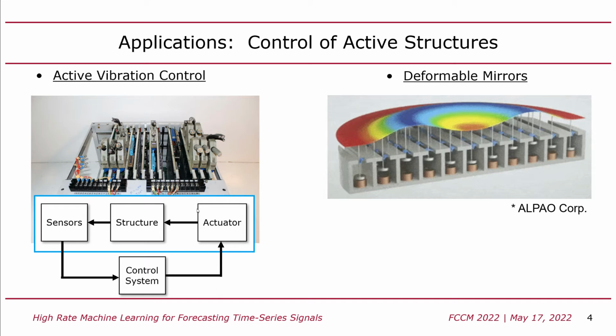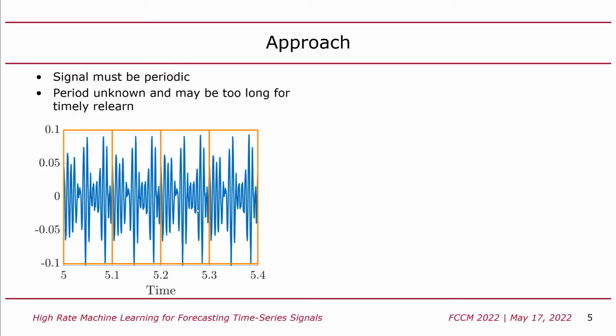In general, forecasting time series signals using only the past state of the signal is only possible when the signal is periodic. So one way to perform forecasting is to just record one period of the signal and play it back. But the problem with this approach is that we don't assume any prior knowledge of the signal's period.